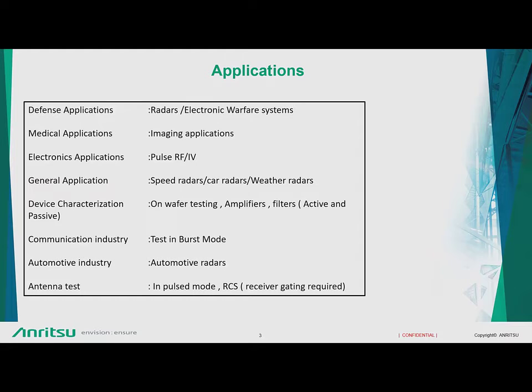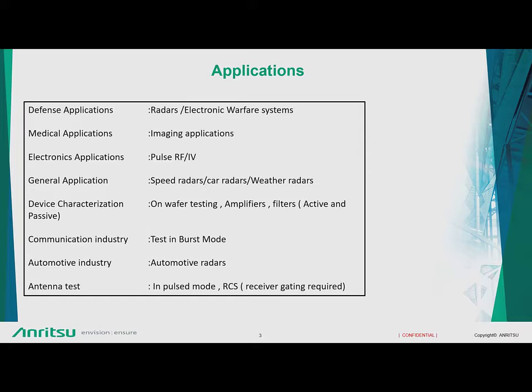Also on the electronic side, as the devices are going smaller and smaller, these devices come on a small silicon wafer, and these devices cannot be worked upon with the CW signal for a very long time. They need pulsing either on the RF side or on the IV or DC side. So even the electronics is seeing a lot of applications for pulse capabilities. Now general applications definitely are there.